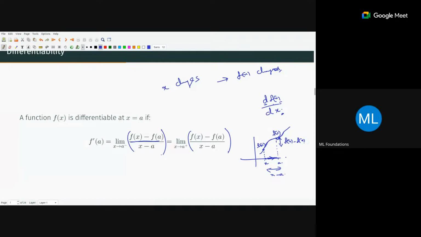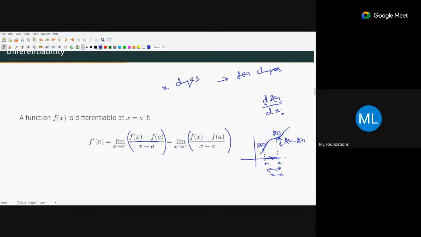If these two limits are equal, then we conclude that at x equals a, the function is differentiable, and the function graph is smooth. So it is like finding the slope as x tends to a. Yes, the slope of the tangent line.